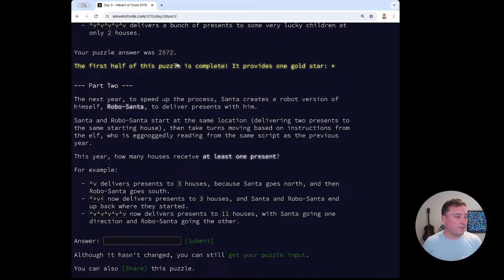For example, up down delivers presents to 3 houses because Santa goes north and then Robo Santa goes south.